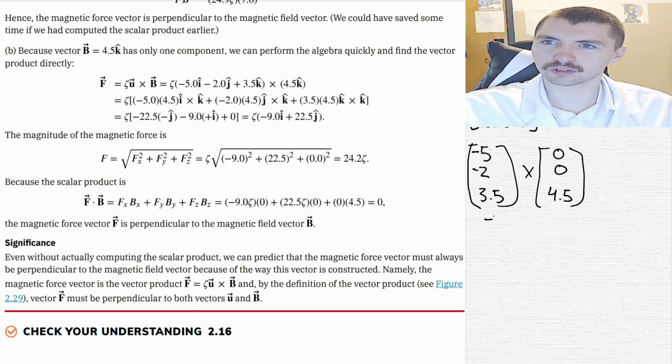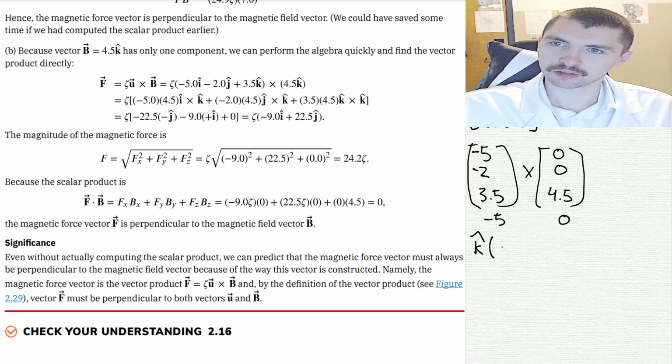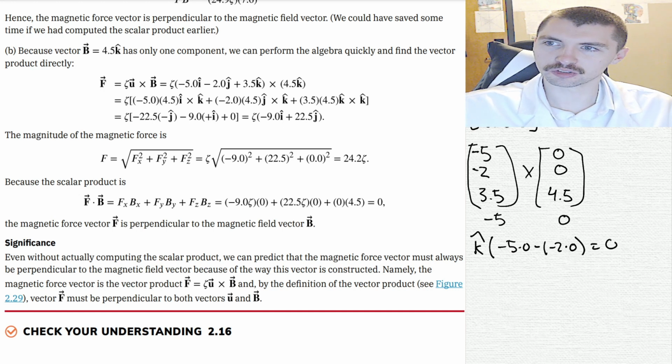So let's cross these. My K direction should be -5 times 0 minus -2 times 0 equals 0. 0 minus 0 equals 0, which is what the final answer says.